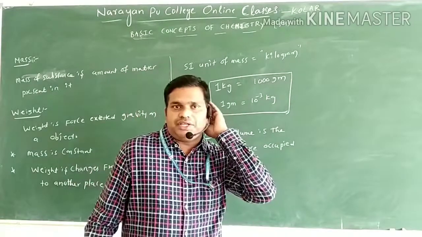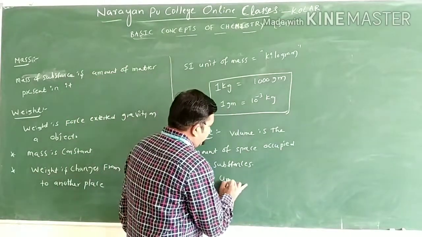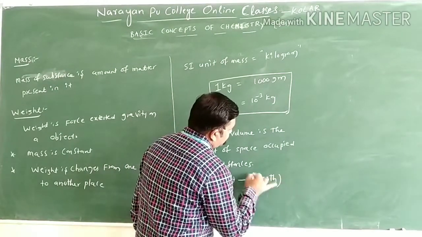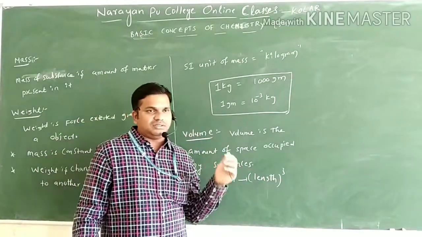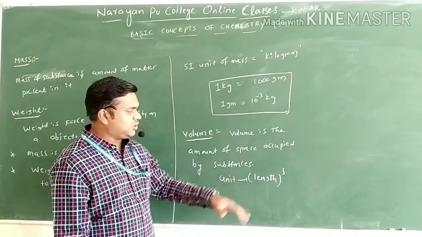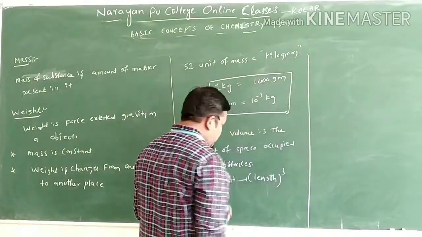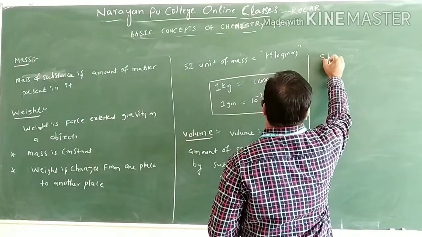How can you measure this volume? Generally, the unit is length whole cube. You take length, breadth and height, so we are taking length cube. So what is the SI unit of volume?